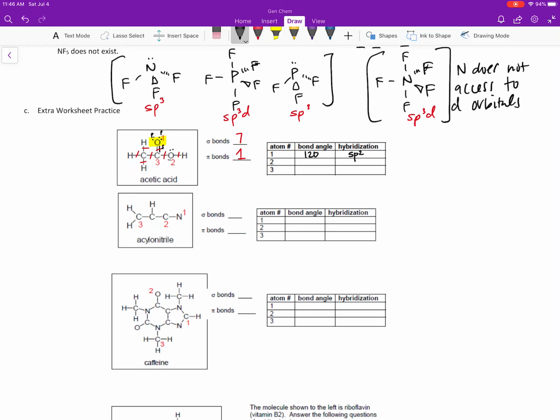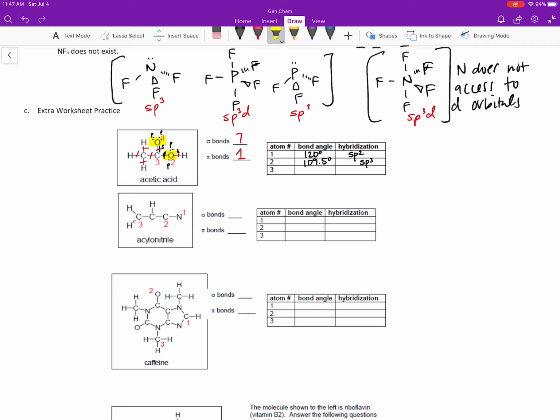We're going to predict the bond angle is going to be 120 based on sp2 hybridization. Atom number 2 is this other oxygen. It's going to have a hybridization of sp3, and so we're going to predict that this is going to have 109.5.